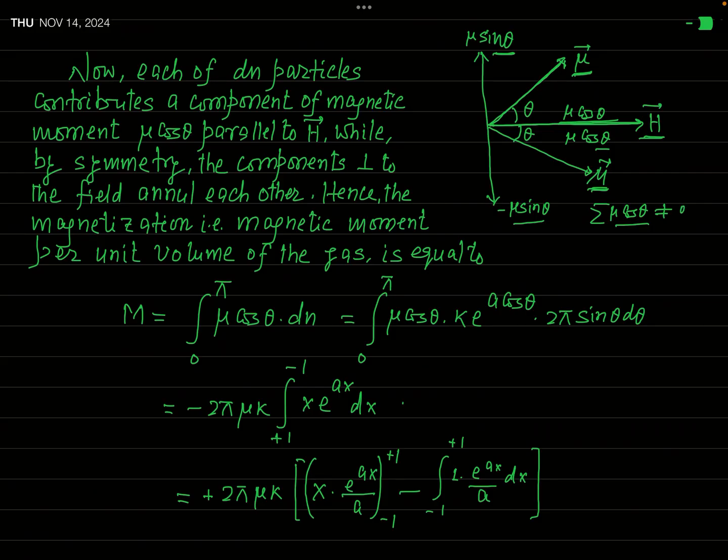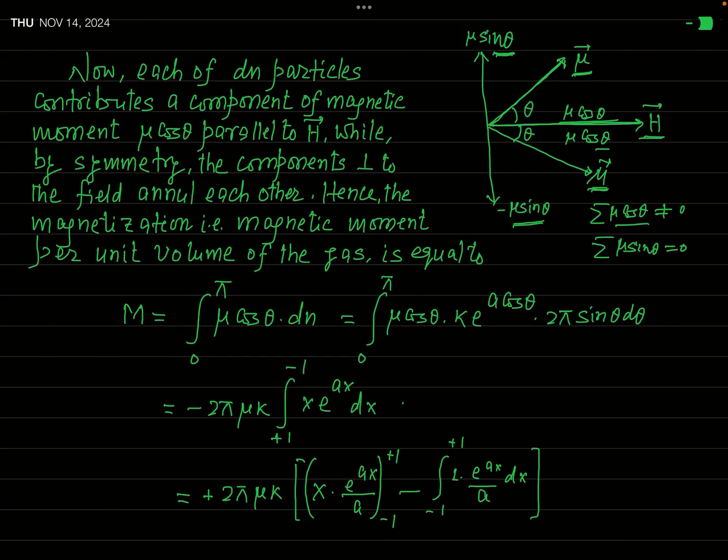But if we add the components of μ in a direction perpendicular to H, that will be the sum of μ sin θ, and that will be equal to 0, because this μ sin θ will be cancelled by this minus μ sin θ.